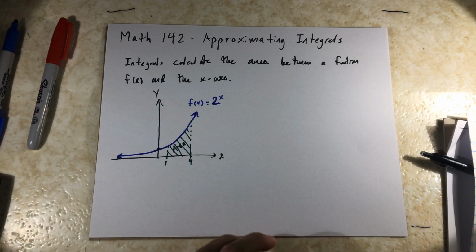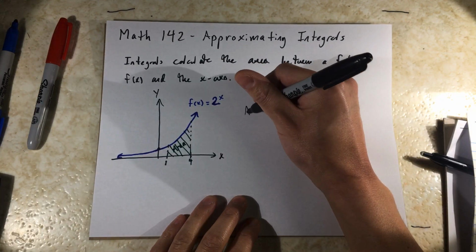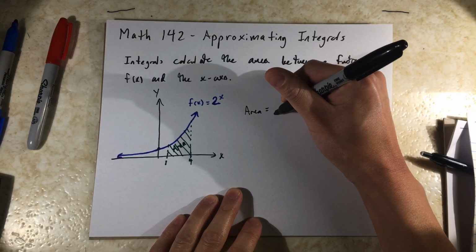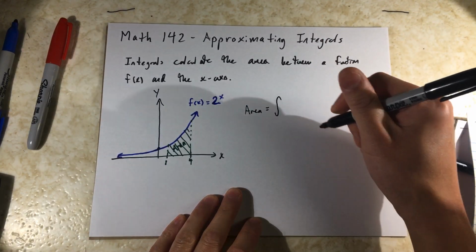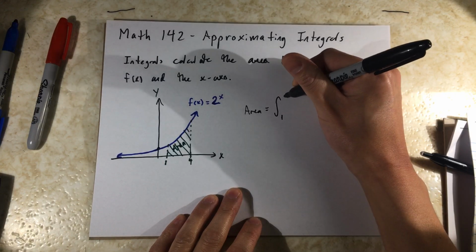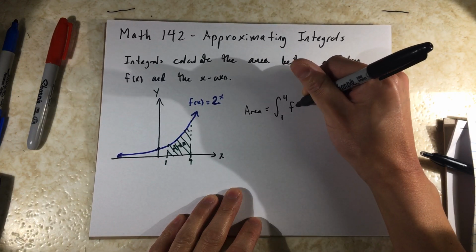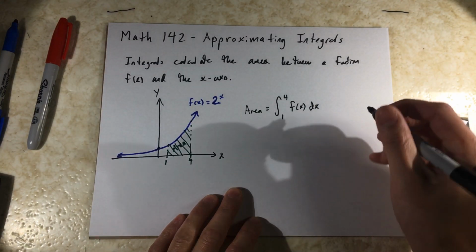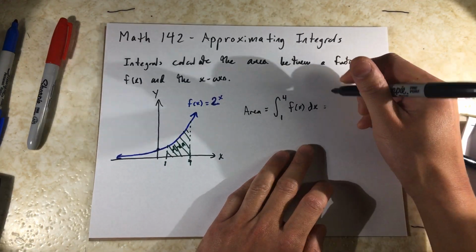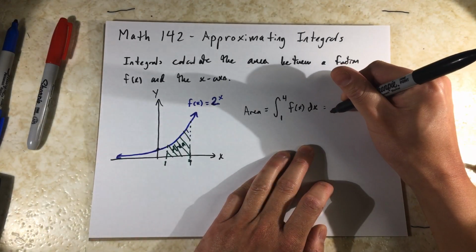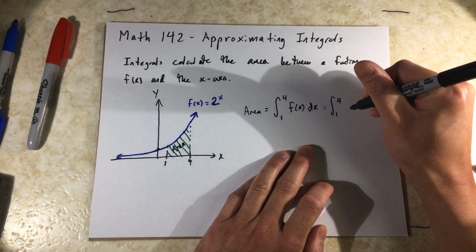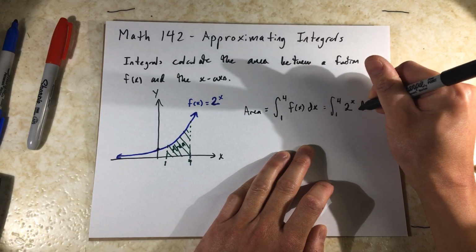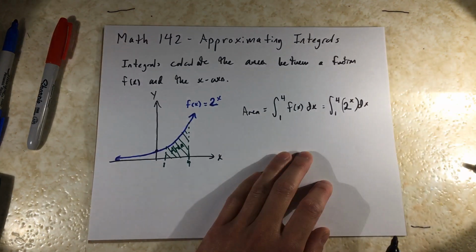Okay, so the notation for the integral looks something like this. It's kind of an S shape, and you put the endpoints 1 to 4 of f of x dx. And if you want, you could make this f of x even more specific: 1 to 4 of 2 to the x dx, or whatever actual function it is.